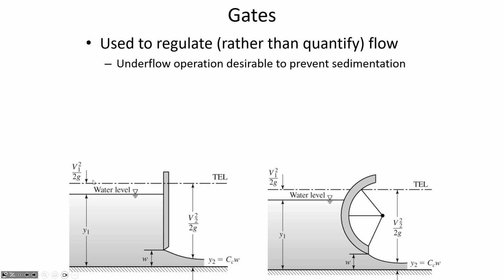And you'll notice that here, this is showing the total energy line, which also is sometimes called the energy grade line, is constant through the gate, and that the added energy is turned into velocity head, because prior to the gate, you've got lots of depth but a relatively low velocity. The water's moving slowly towards the gate, but it accelerates and moves at a very high velocity under the gate.